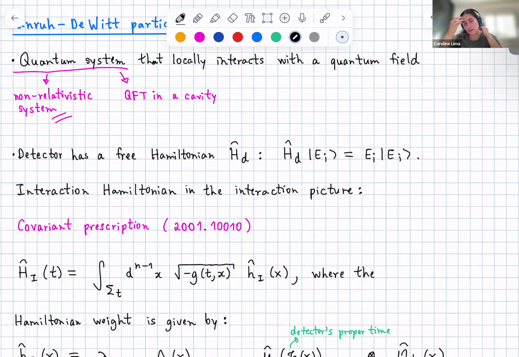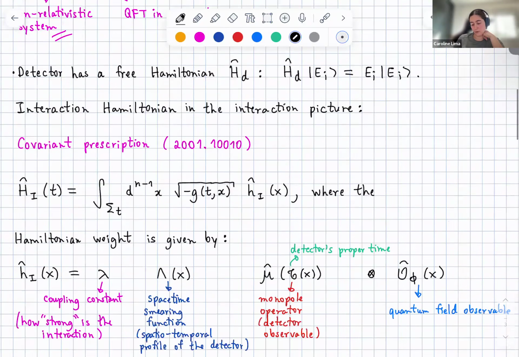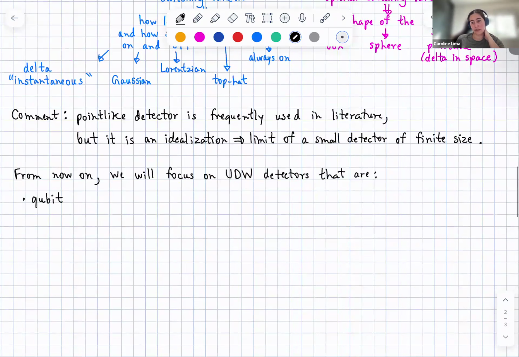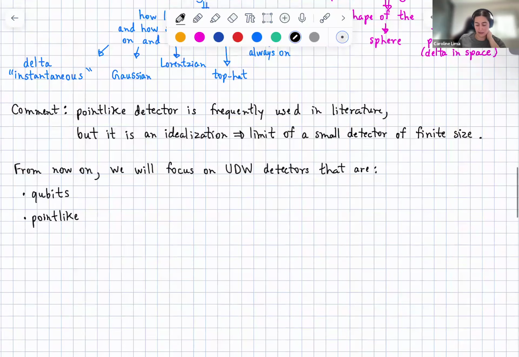But for simplicity, most often people use qubits. So we're just going to use qubits that are point-like detectors, and they couple to the field's amplitude, which is the most common case.